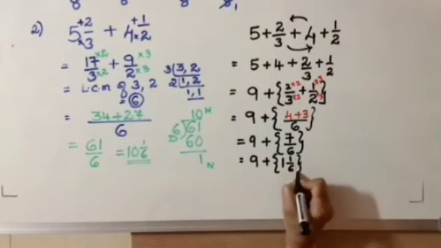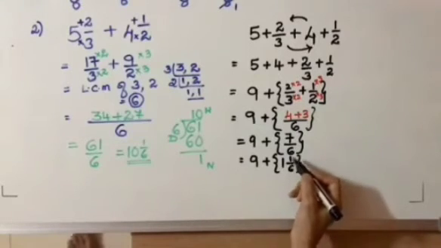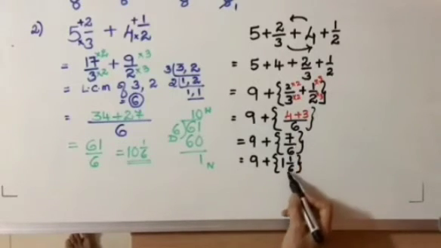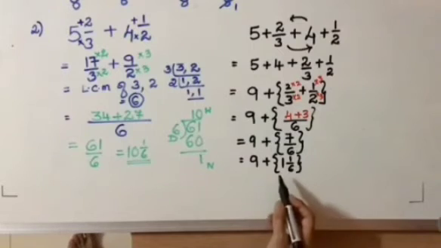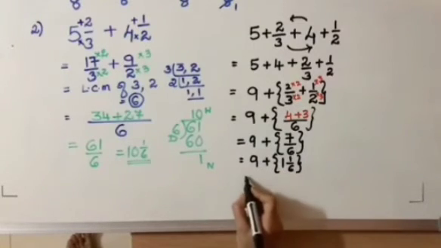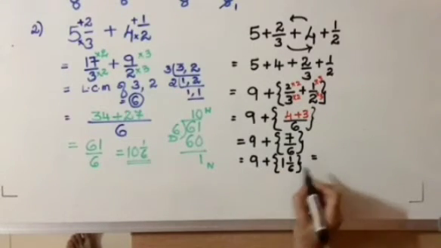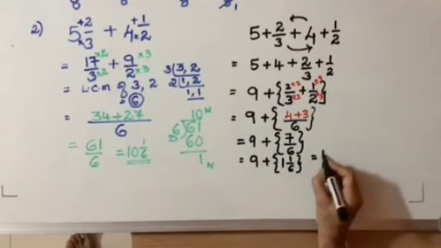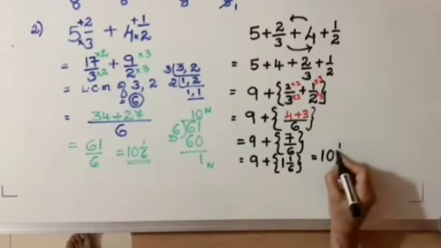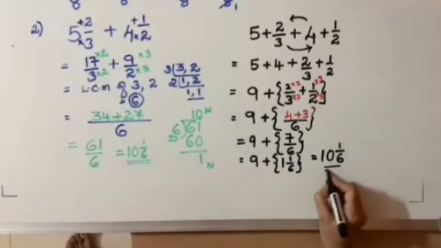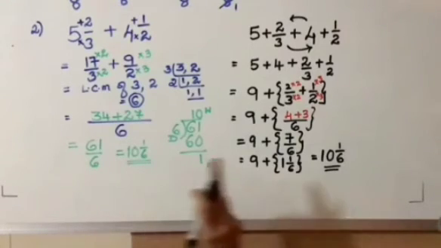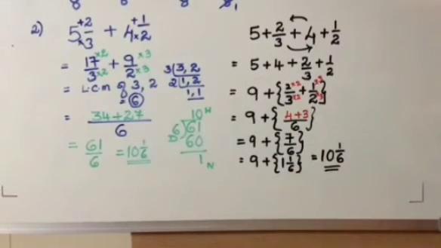Do you agree? 1 by 6, because this is improper, I have converted into mixed form. Now we have one more whole number. So the answer becomes 9 plus 1, that is 10 1 by 6. Is there any difference between this answer and this answer, children?